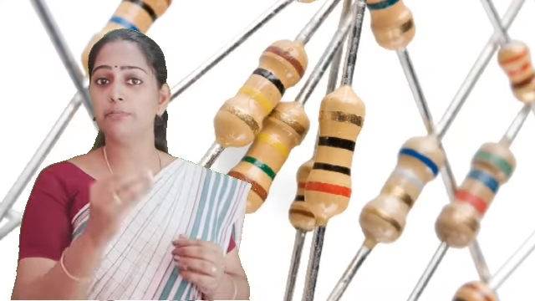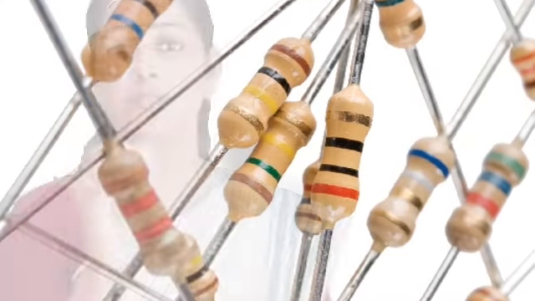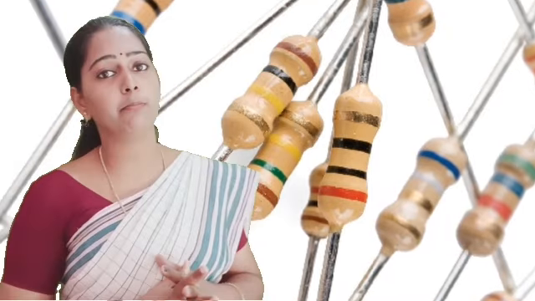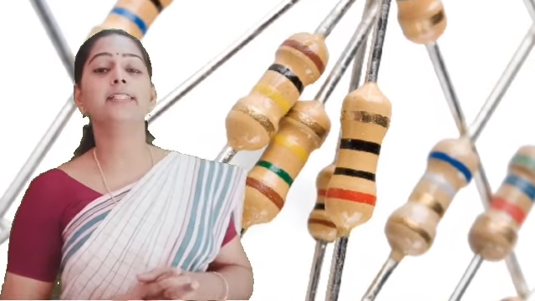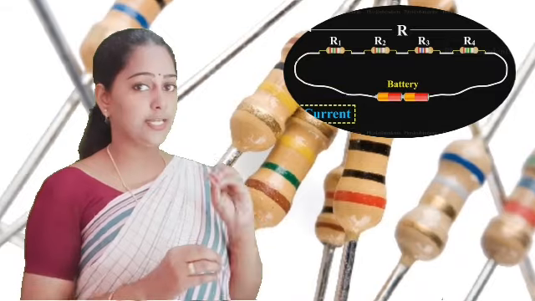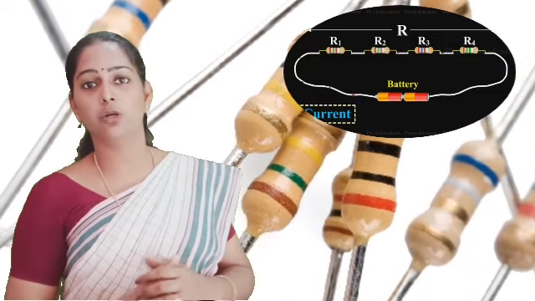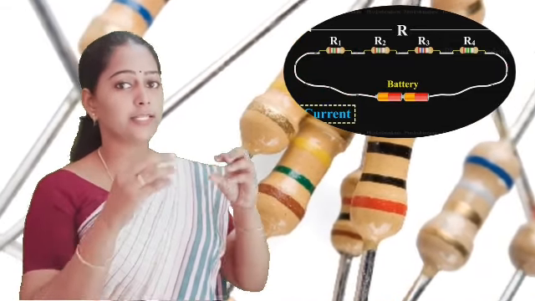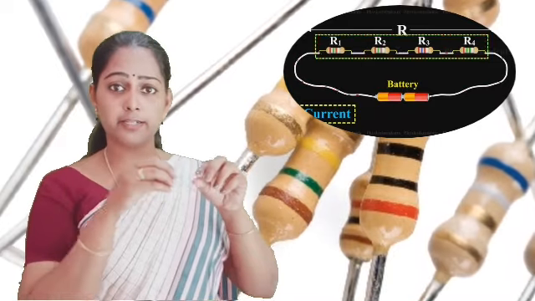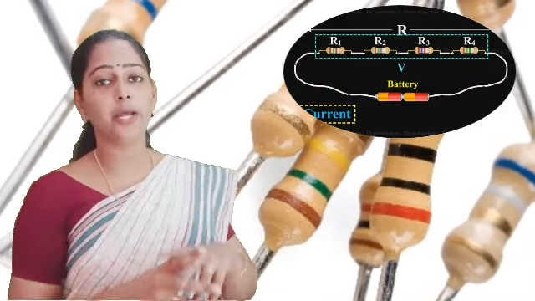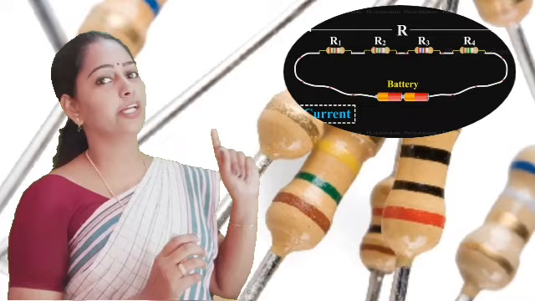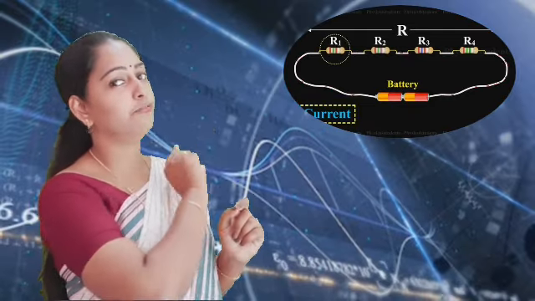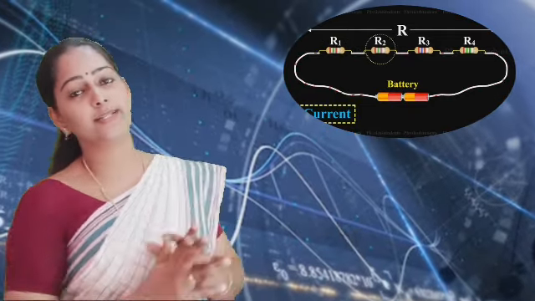Before watching the video, let me give some small ideas about the combination of resistors. In the case of series, there is no junction at all, which means there are no branches. The current will flow through each resistor.